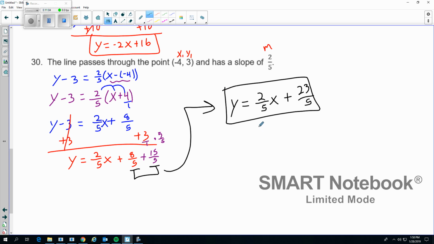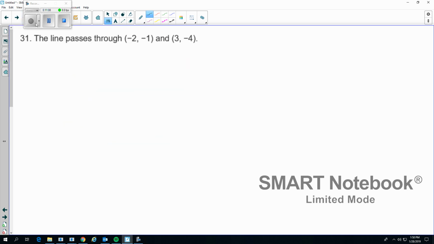All right, so I think we got one page to go. All right, so this one, the difference here is this time you're just given 2 points, okay? So to do the point slope formula, I need slope first. So I actually need to go ahead and find my slope. So let's see, we'll let this be x1, y1, and x2, y2. Okay, so to find your slope, you take the differences of the y's.